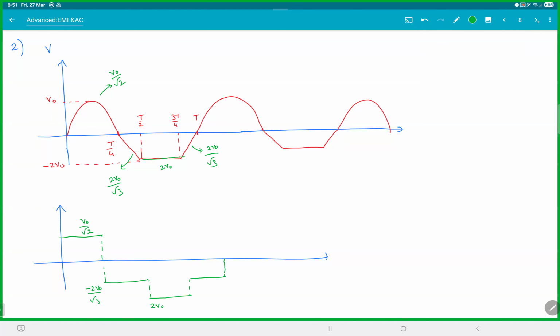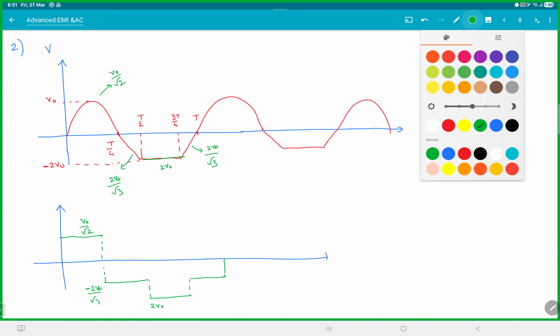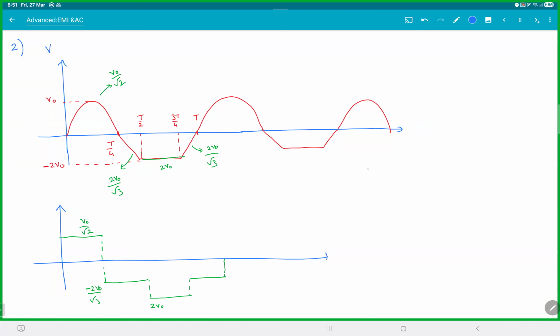You can replace these functions with constant voltage sources. And now you're finding the heat produced because of this voltage. So you want to replace this with a resistor and a constant DC battery, VRMS. So what is the heat produced? Heat produced will be V naught by root 2 whole square by resistance into time T by 4. So for time T by 4, you can assume the battery is V naught by root 2 and just find the heat produced.